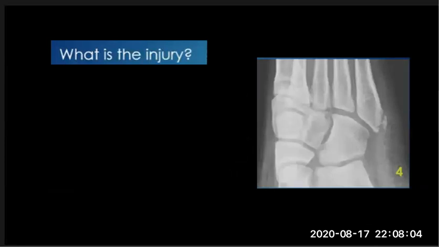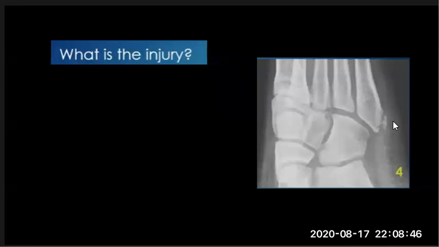Avulsion fracture, you got it right, Ala. Anyone? What is the type of injury here? Intra-articular? Any type of injury here? Anyone? Here, this is normal. No injury.